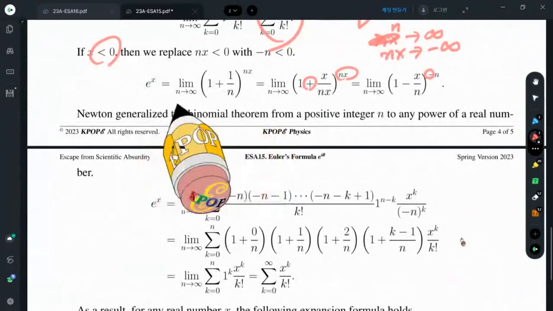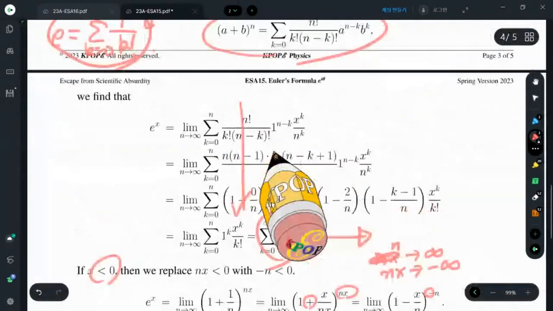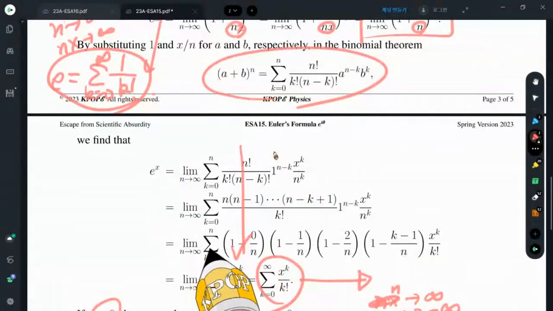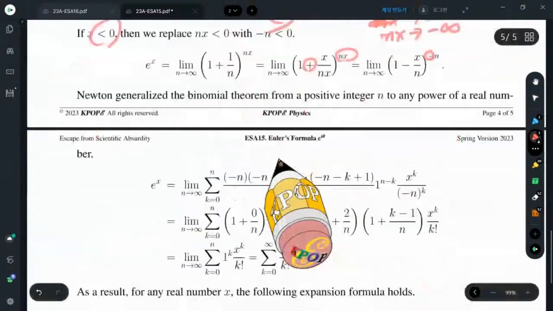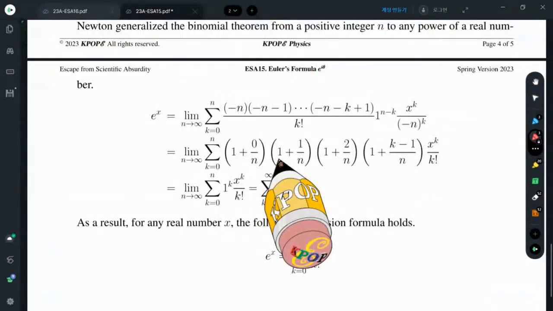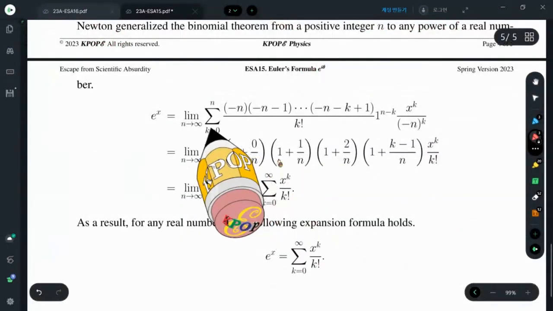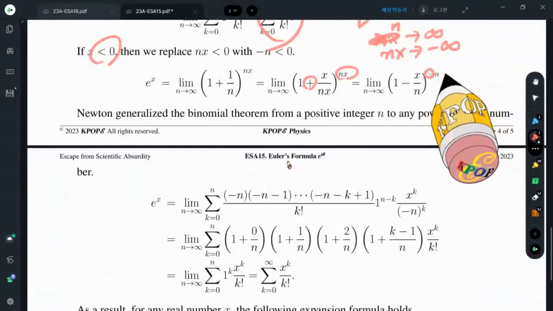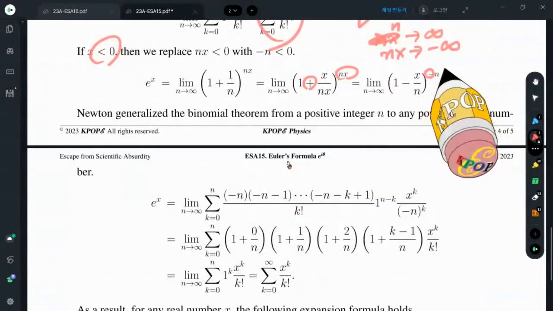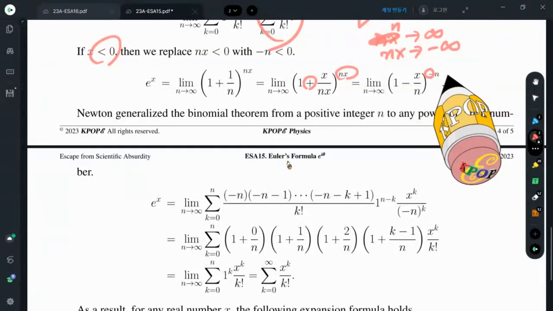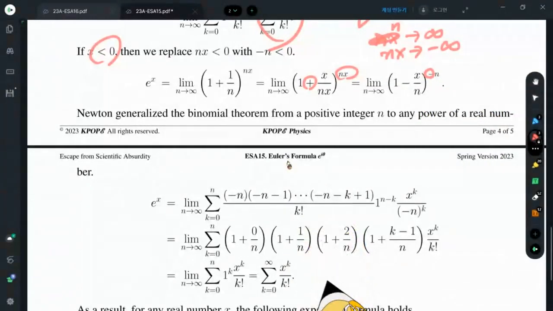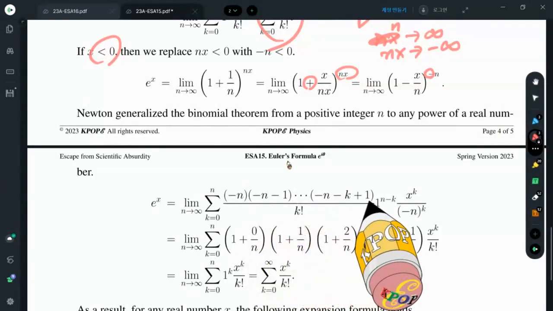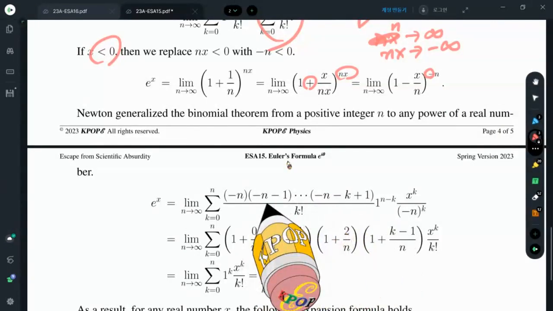By the way, what we have to use is different from what we have used for the derivation of the positive case. That is a binomial expansion. What's that? In case n is an integer, we can do the same job because there is a factor that terminates at some point.